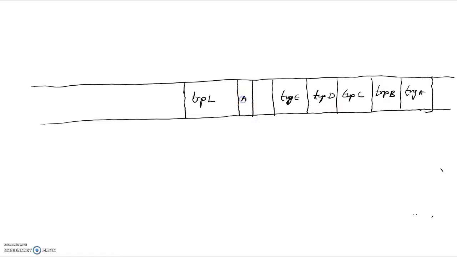We'll call it A. Then it has its own promoter, its own operator gene. You know what happens to operator?